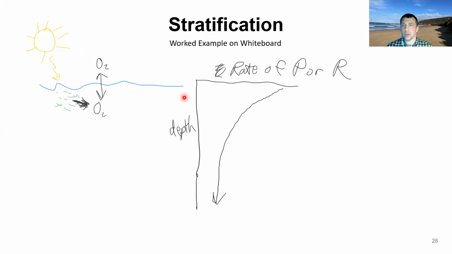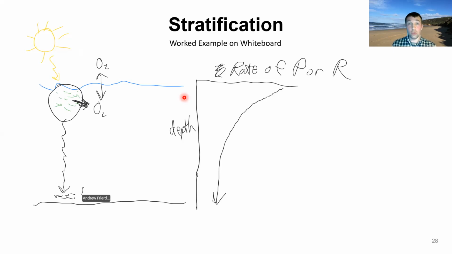Respiration is going to depend on the amount of organic carbon present. So if all of these algae begin to die and settle to the depth, and let's say we have our sediment here, these things can accumulate.